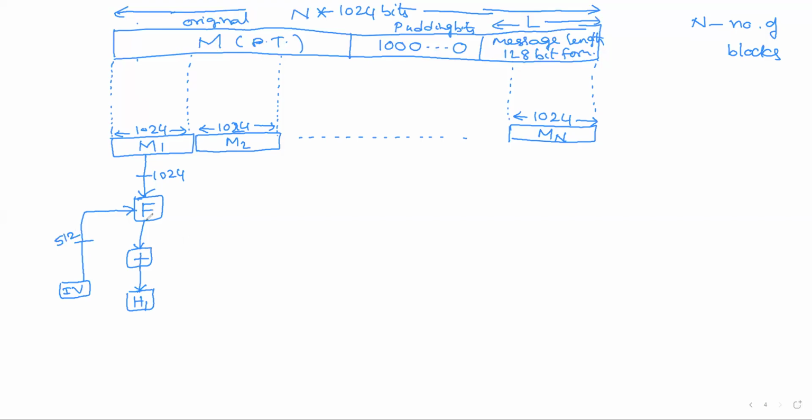The output of this function is given to the addition modulo 2 power 64 operation, and for this one more operand is the initial vector of 512 bits. After these two operations, it produces the round one hash code.